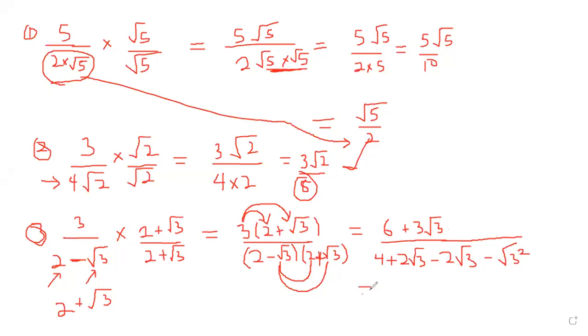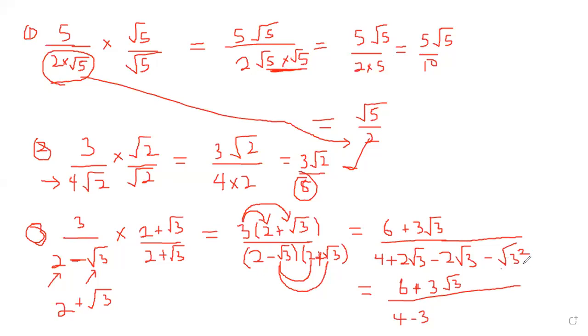So this gives us 6 plus 3 root 3 all over 4 minus 3.